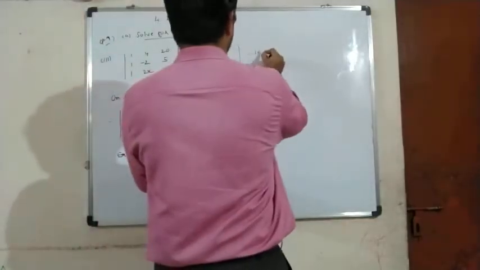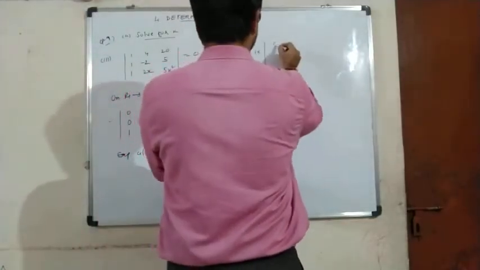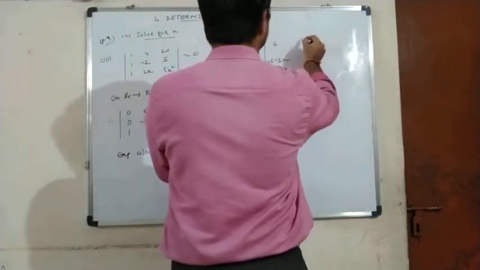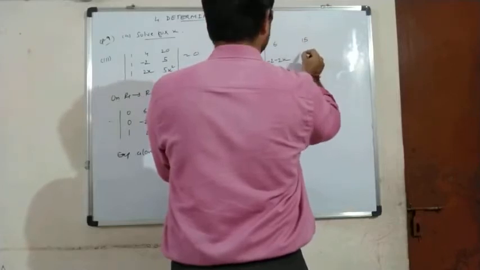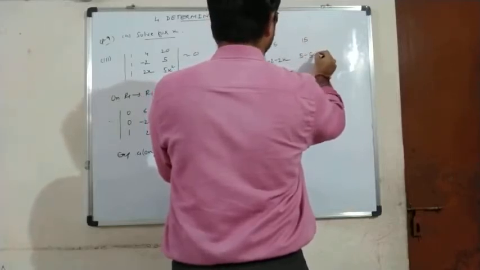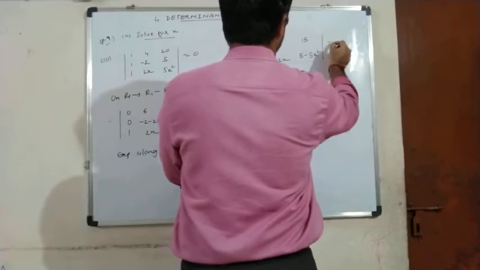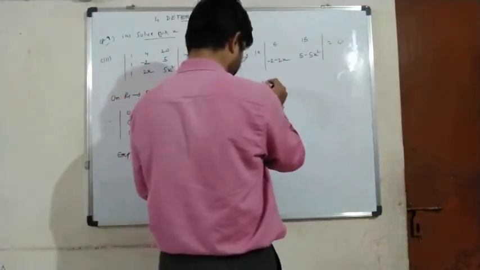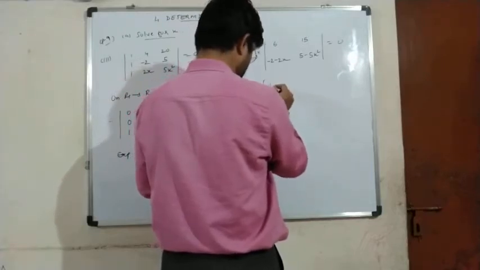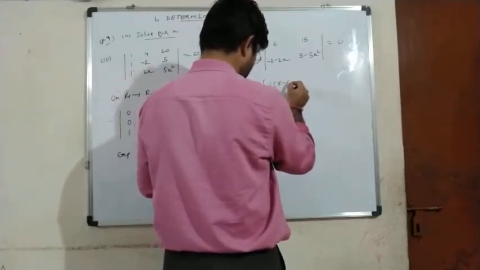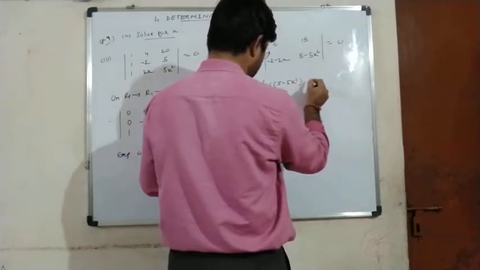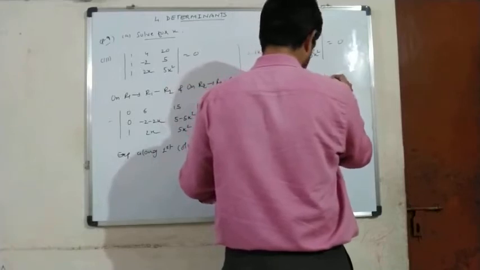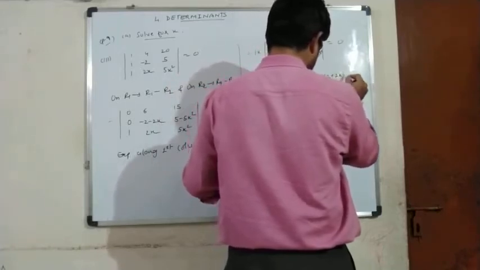So 1 into the determinant 6, minus 2 minus 2x, 15, 5 minus 5x square equal to 0. Therefore 1 into 6 into 5 minus 5x square plus 15 into 2 plus 2x.